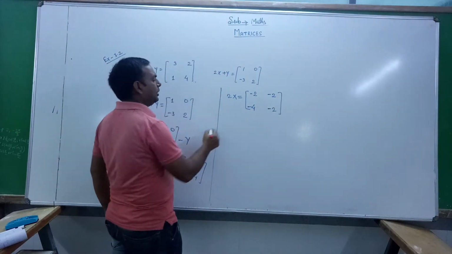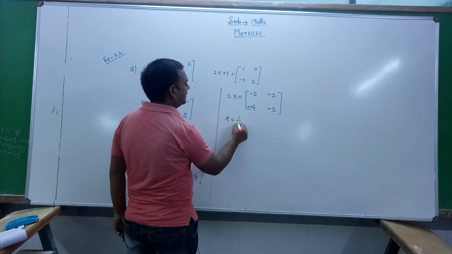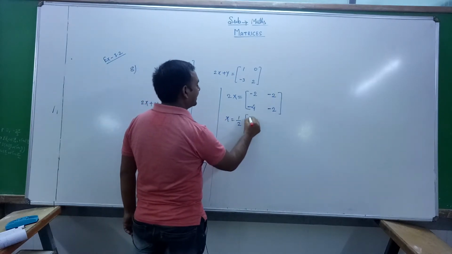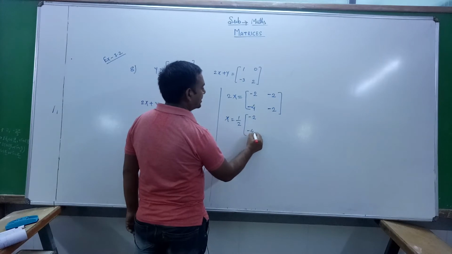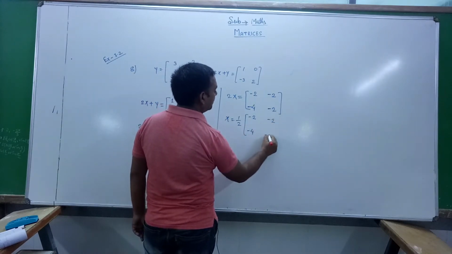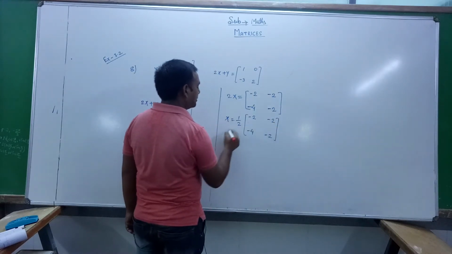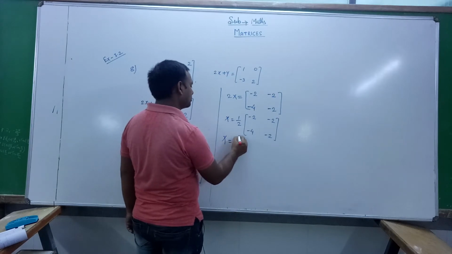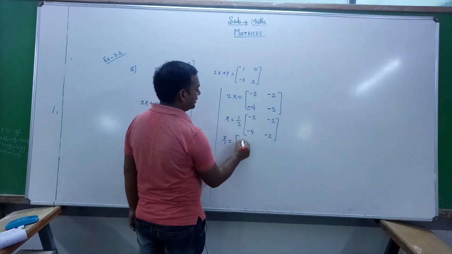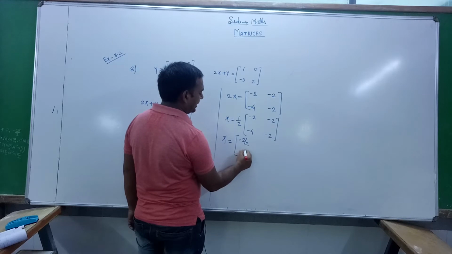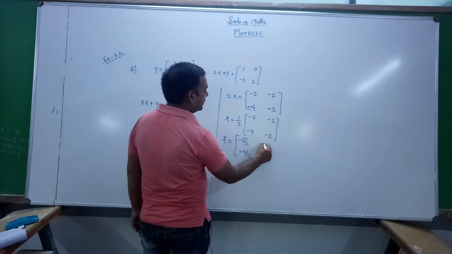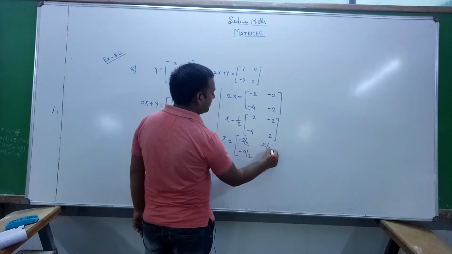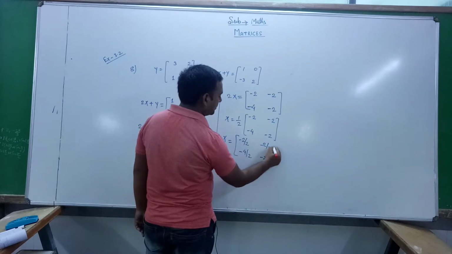This is 2x, so x is equal to 1 by 2 times the matrix minus 2, minus 4, minus 2, minus 2. You divide each element by 2, so that is equal to minus 2 upon 2, minus 4 upon 2, minus 2 upon 2 and minus 2 upon 2.